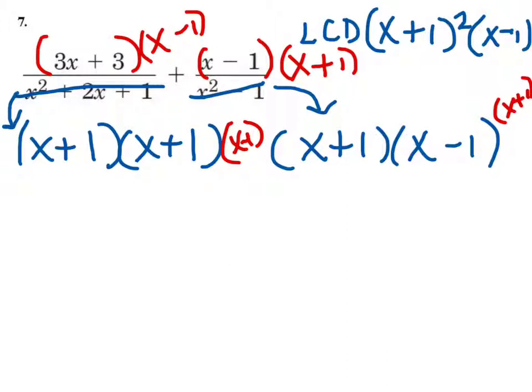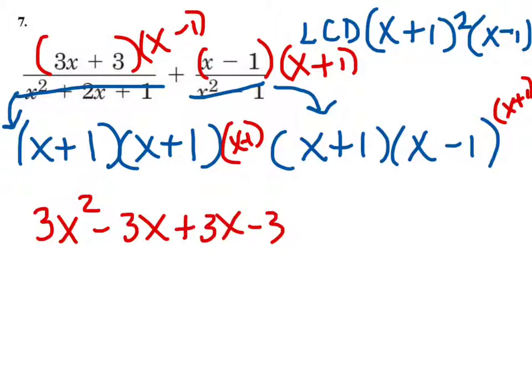What I'm going to do in the next step is FOIL my numerator on this side first. So I end up with 3x squared minus 3x plus 3x minus 3, plus the result that I get when I FOIL this numerator. So I've got my x minus 1 times my x plus 1. Let's write that down right here.